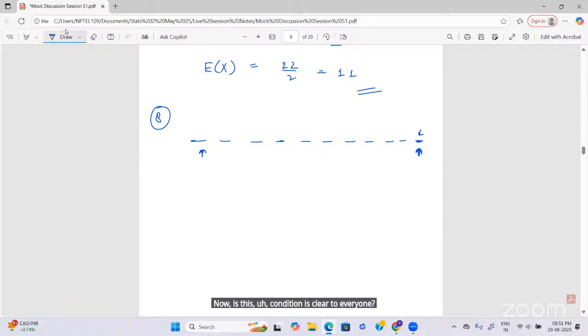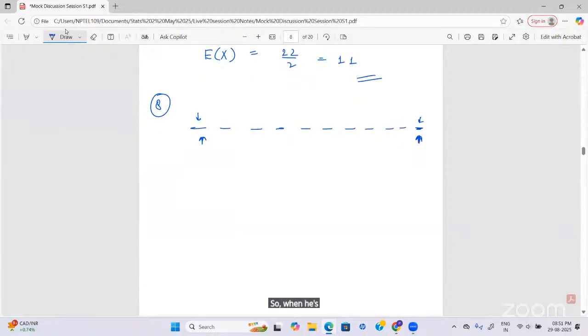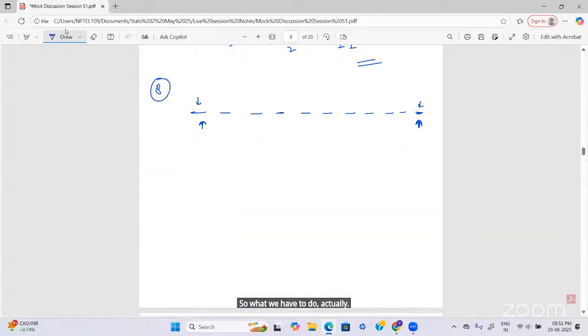Yes, ma'am. Okay, so now what we have to do? When he is coming back, he is getting 5 cars parked here in total. We have in total 11 slots. Suppose he has parked his car here. So these 2 slots will be empty.